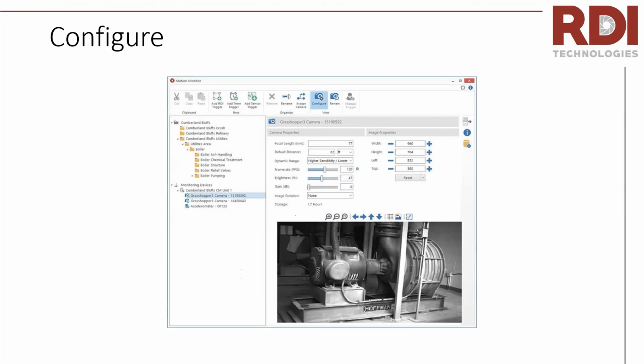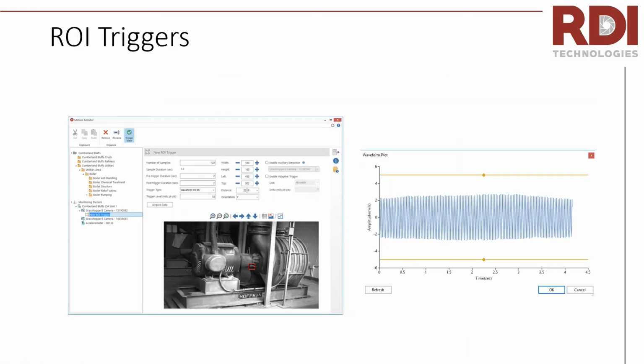And the last thing that I wanted to talk about is this idea of continuous monitoring. With a continuous monitoring system, like the CM, you can place 3 cameras out, configure them all, set them up, and leave them. You can configure them much like a normal camera, turn them on and run them nonstop.